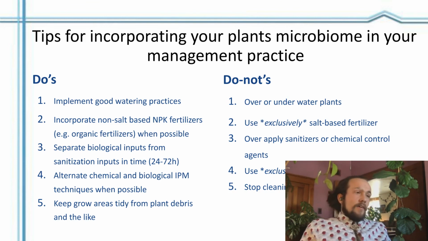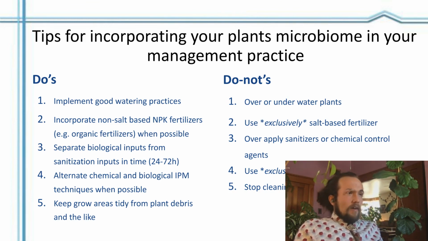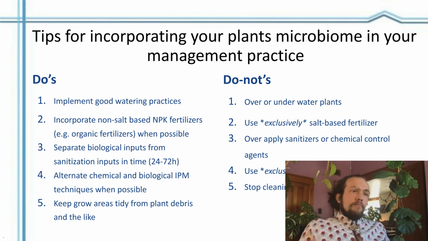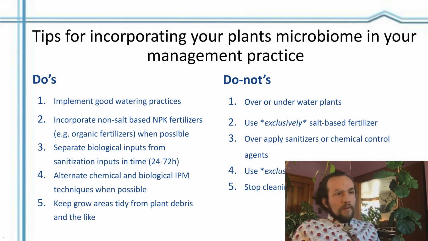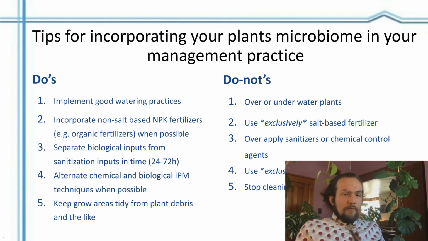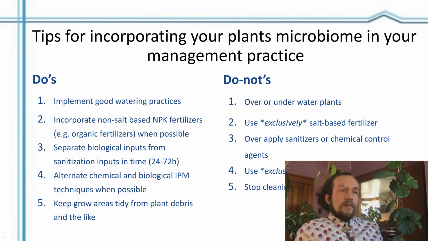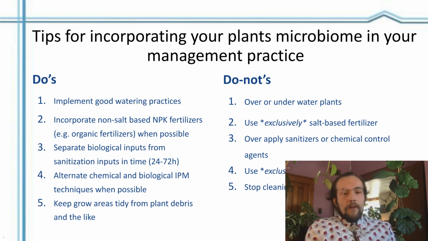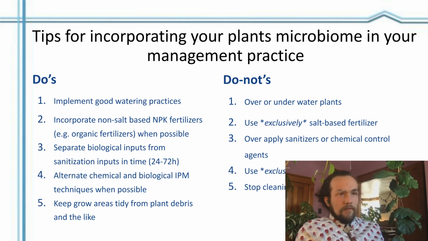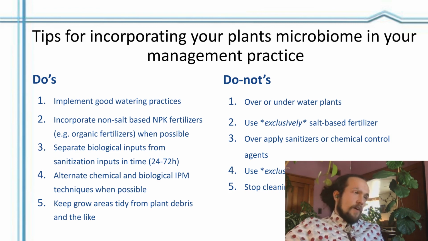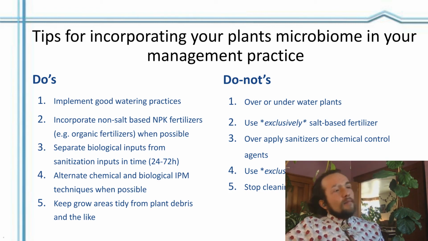And lastly, it's always good practice to keep your grow areas tidy from any type of plant debris or loose soil or soilless cultivation debris, because a piece of rock wool with nitrogen in it can grow algae and other organisms that have the potential to be pathogenic. And dead leaves that are in your system can also breed things like pathogens. So never stop cleaning, but be mindful of your plant's phytobiome when you are cleaning.